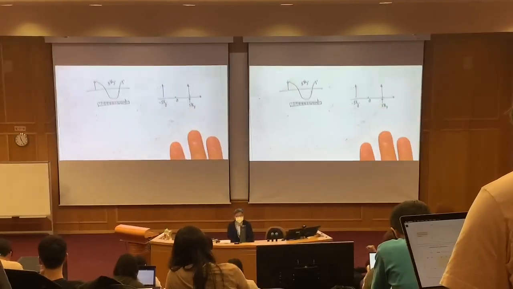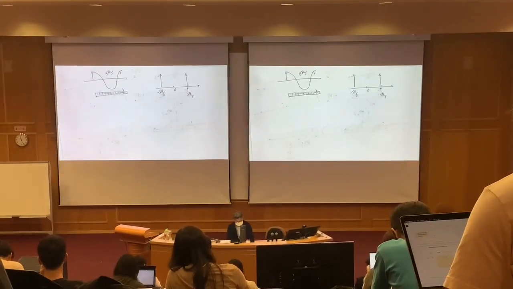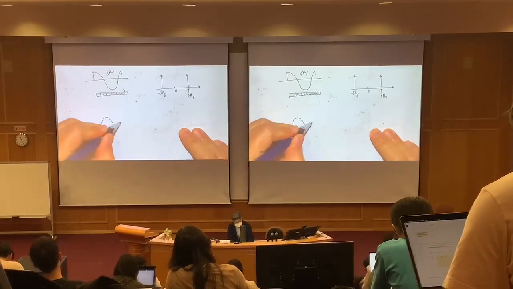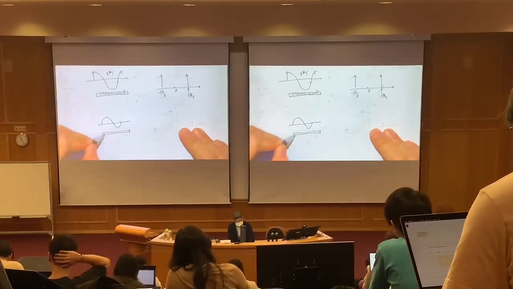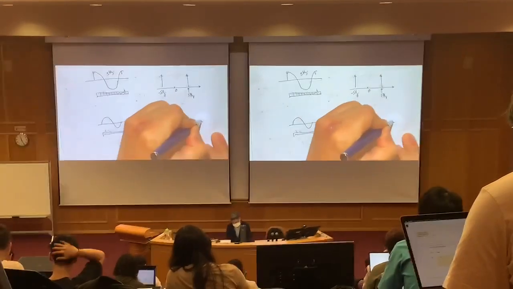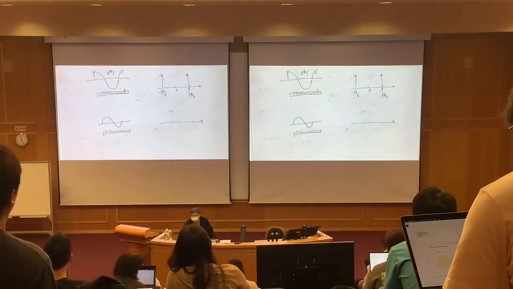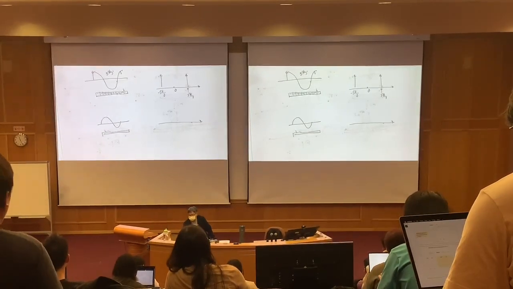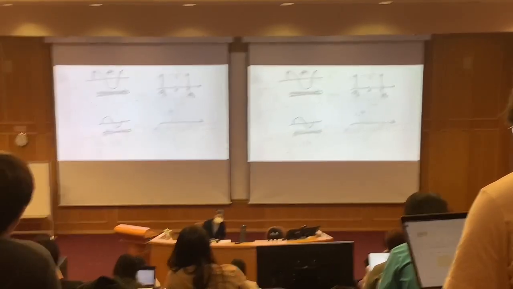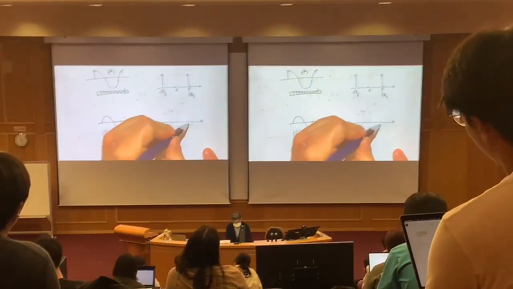This is cosine if you do Fourier transform. And then similarly, if you have sine, you do Fourier transform, what do you get? You go to your slide number 36. You get something like that.